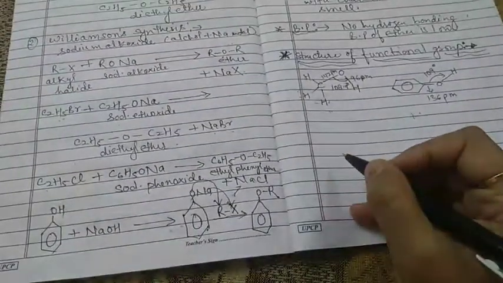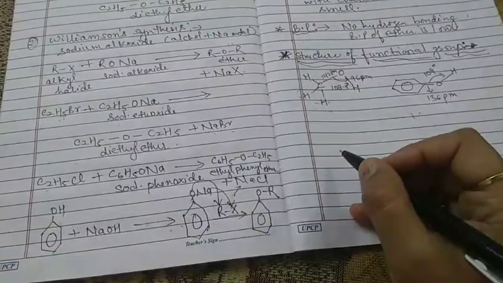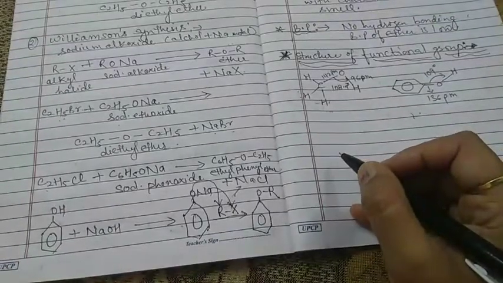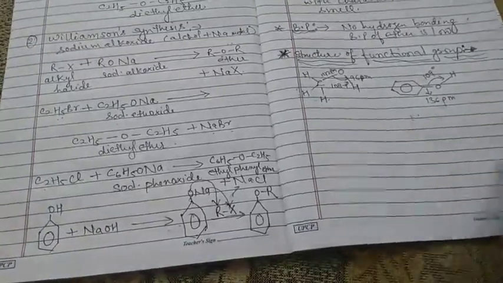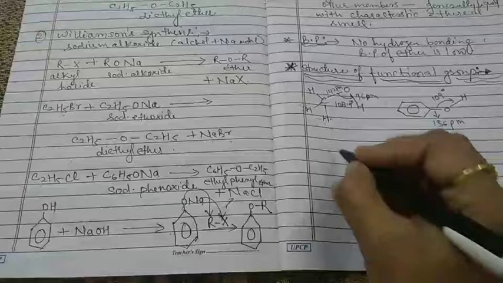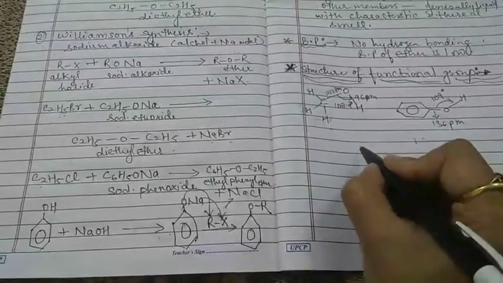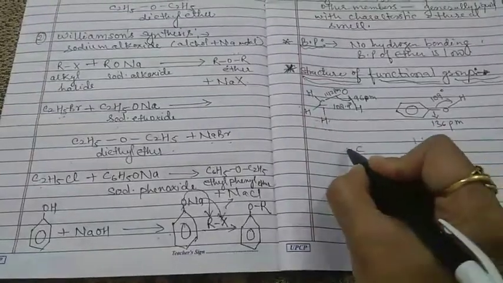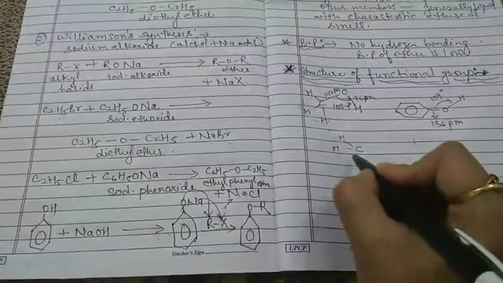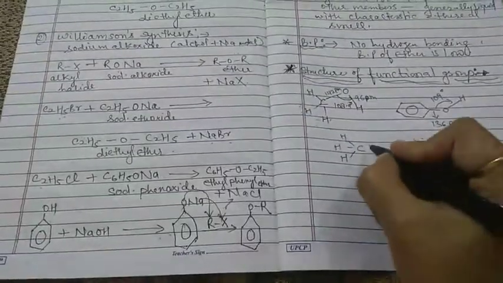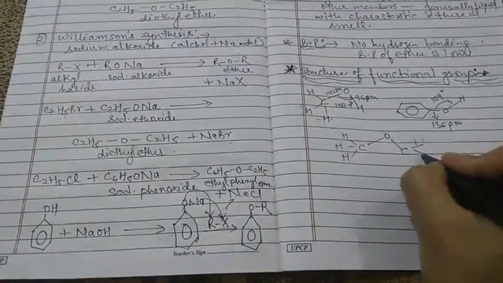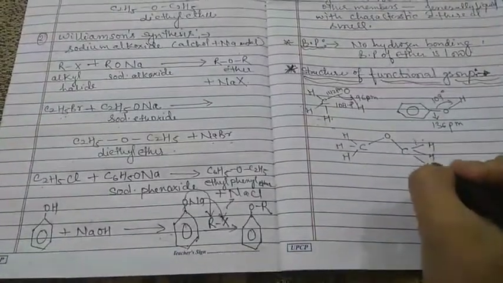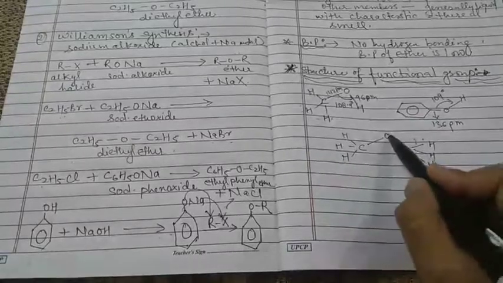Now if we are talking about ether, the first member is methoxymethane, also known as dimethyl ether. For that the structure is: here C is present, hydrogens are attached here. Now this is O, this is C, this is CH3OCH3.